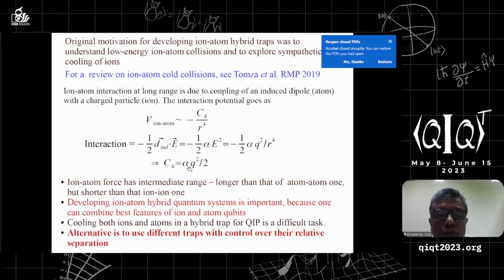And C4 equals alpha Q squared by 2 is the long range coefficient. So one can see that the ion-atom force has intermediate range, longer than the atom-atom force, but shorter than the ion-ion force, because the ion-ion force is the Coulomb force, and so it is the longest range interaction.